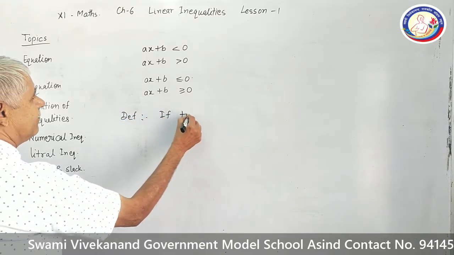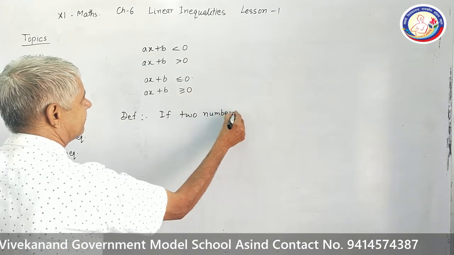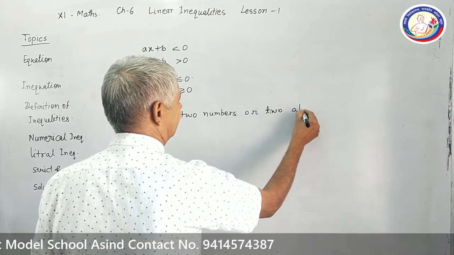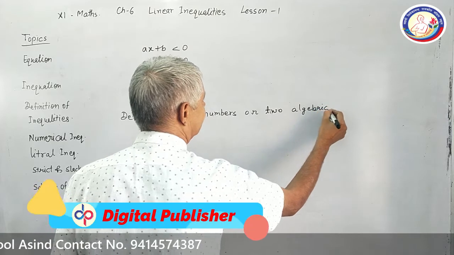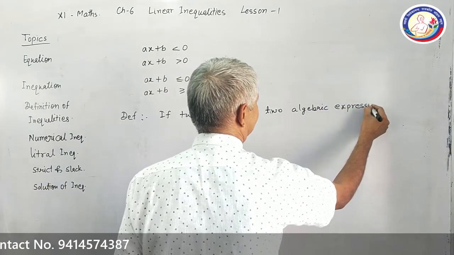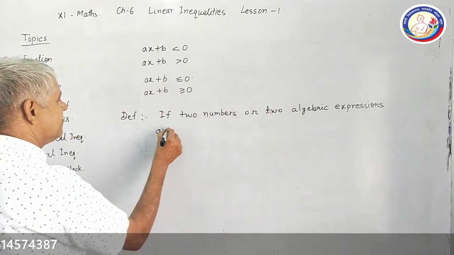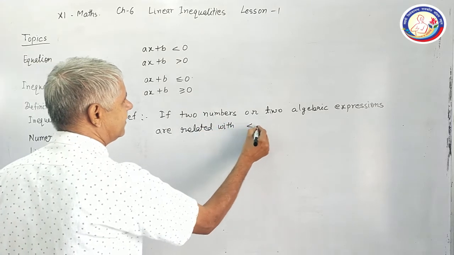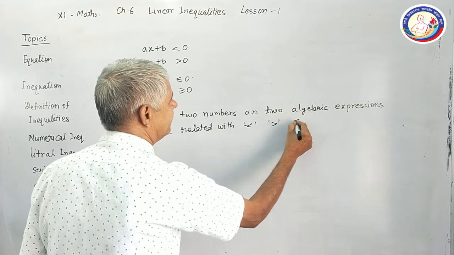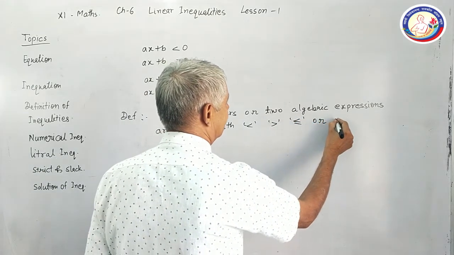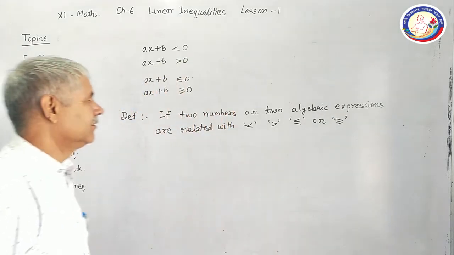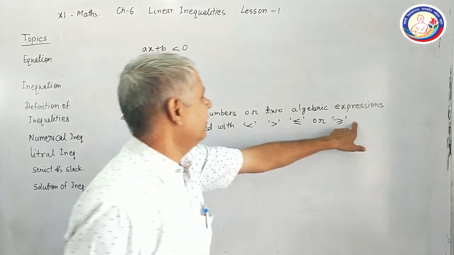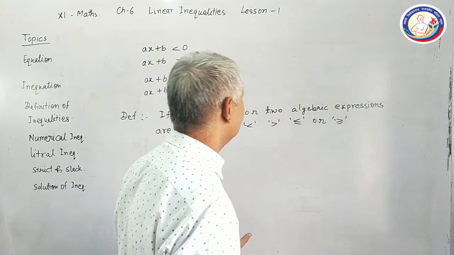If two numbers or two algebraic expressions are related with less than sign, greater than sign, less than or equal to sign, or greater than or equal to sign, relation between two numbers or two expressions is out of these four, then we call that as inequality.